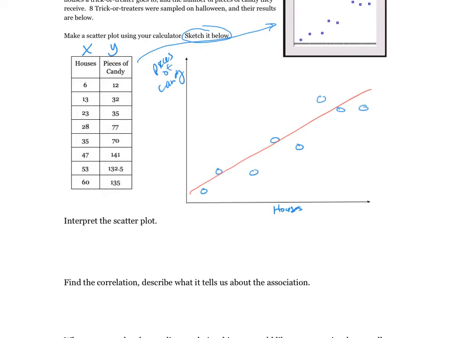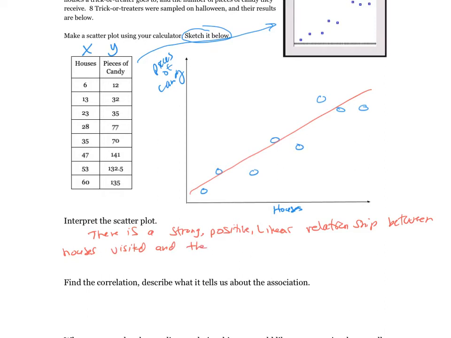So to interpret the scatter plot, we'd say there is a strong, positive, linear relationship between houses visited and the amount of candy received.